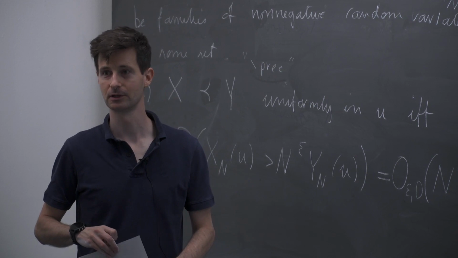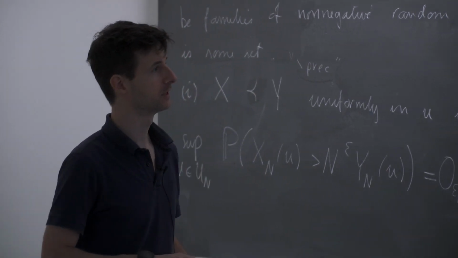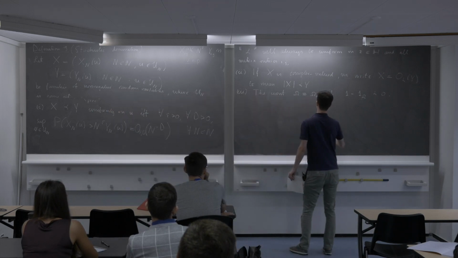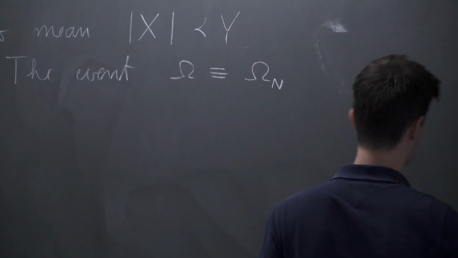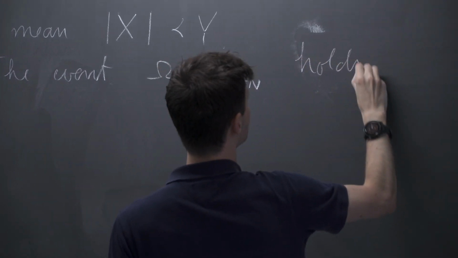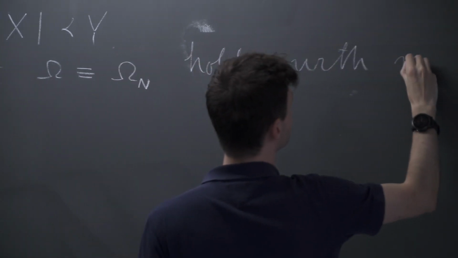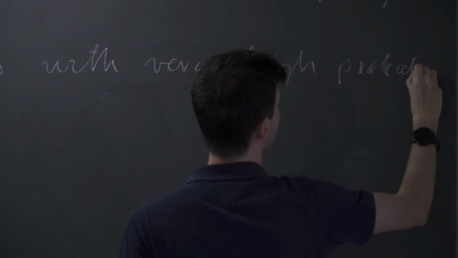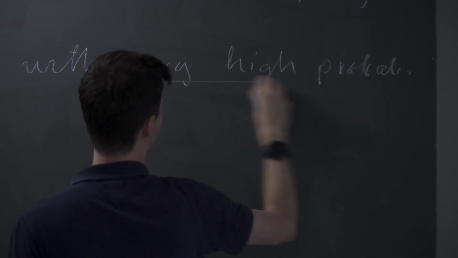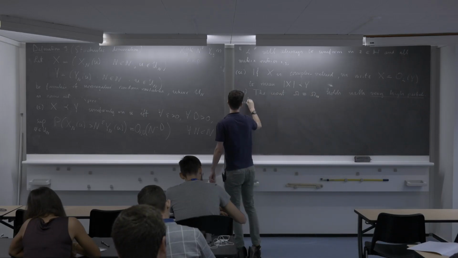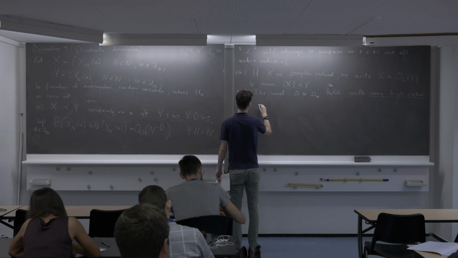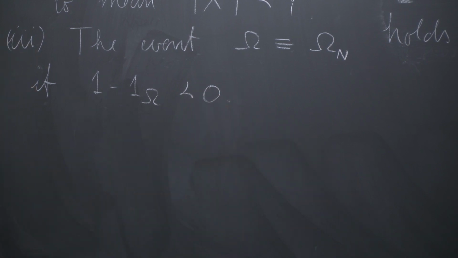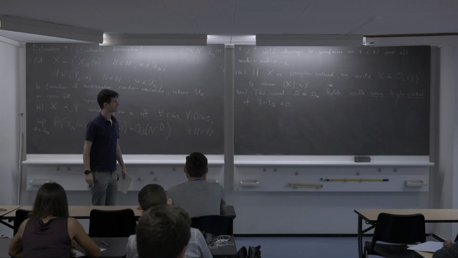Okay, so you can, if it's not something missing in the sentence. Oh, the event. Yes, indeed. Thank you. This is not a great sentence. So the event holds with very high probability if... Okay, I think now the sentence might even pass a grammar check.